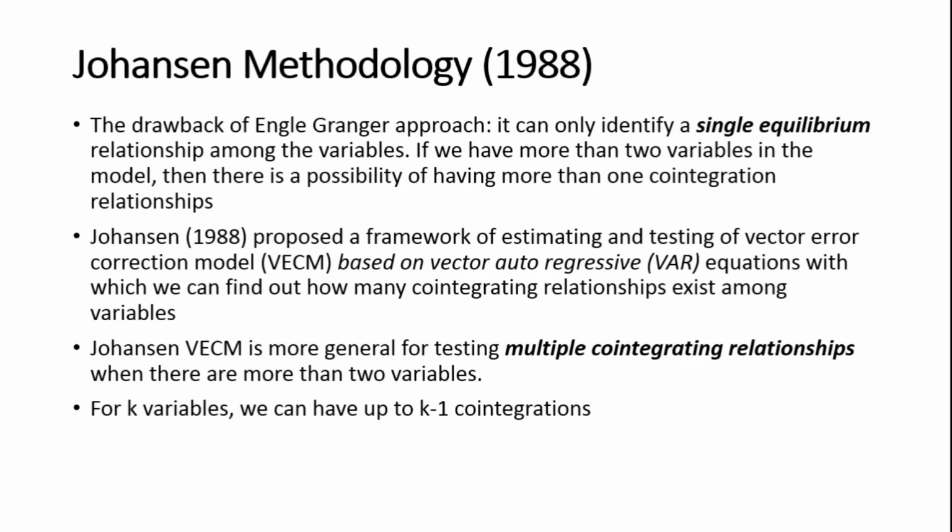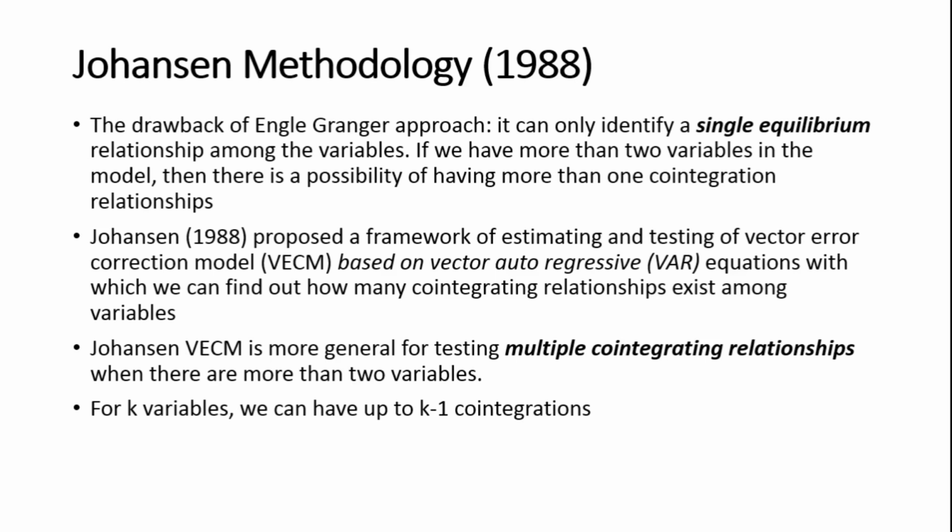The Johansen methodology has existed since 1988. So what is the drawback of the Engle and Granger approach? It can only identify a simple equilibrium relationship among the variables. If we have more than two variables in the model, then there is a probability of having more than one cointegration relationship.